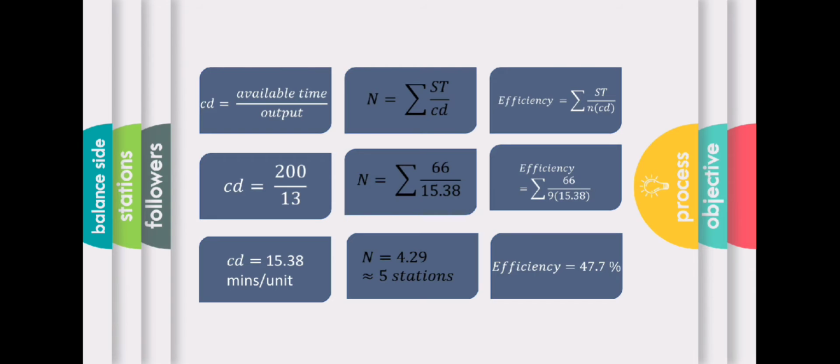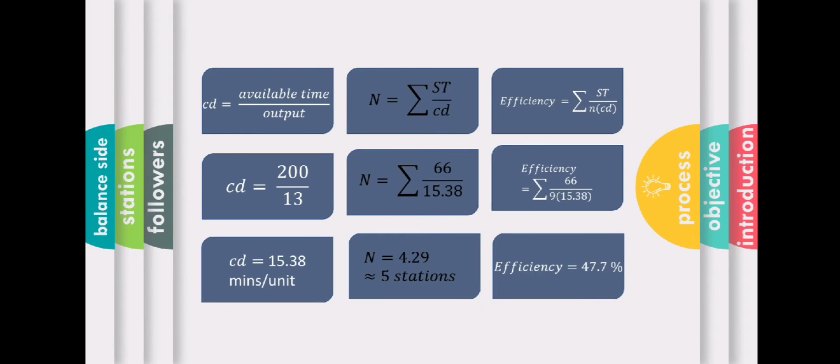Input all the numbers into the formula: the summation of standard time is 66 and the cycle time is 15.38. So 66 divided by 15.38 is equal to 4.29, which rounds up to 5 stations. So our theoretical number of workstations is 5.